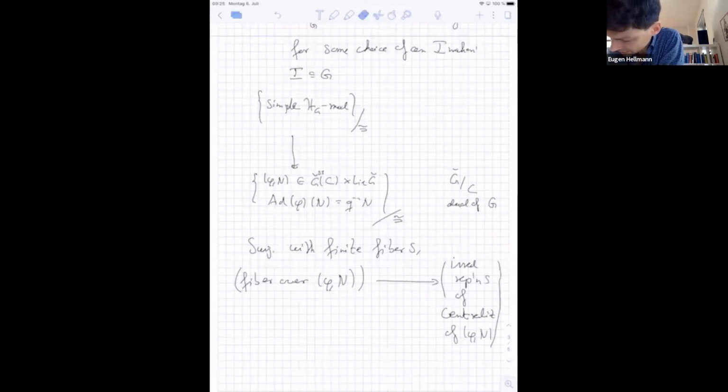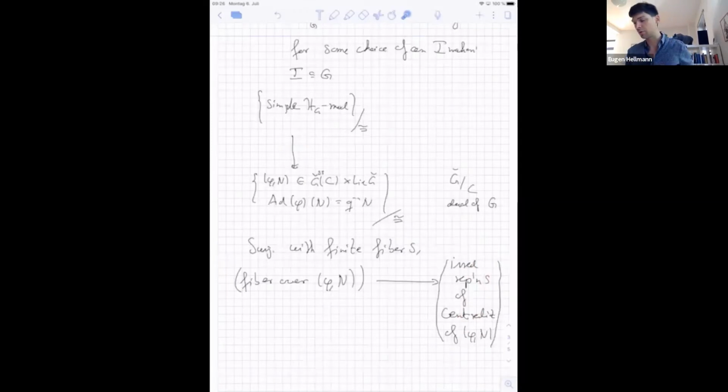Okay, and so maybe I don't want to give the precise meaning of this. So in general, this map will only be an injection, and in particular, you have to take certain irreducible representations coming up here.